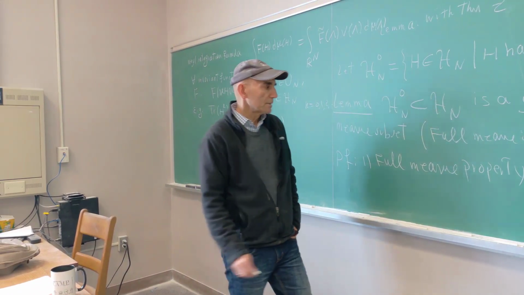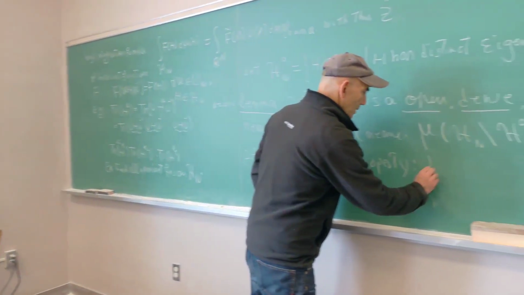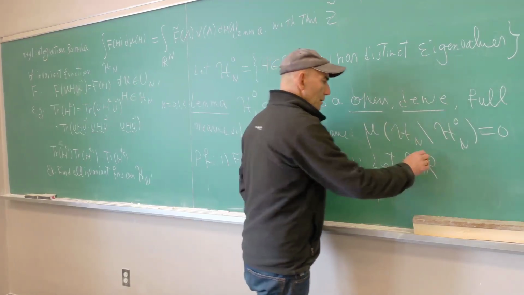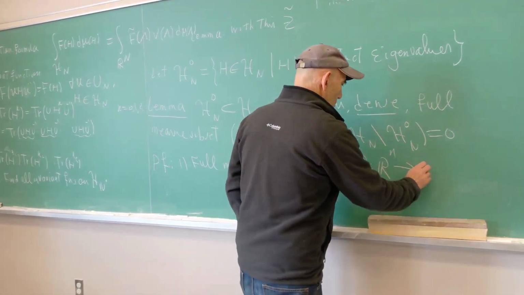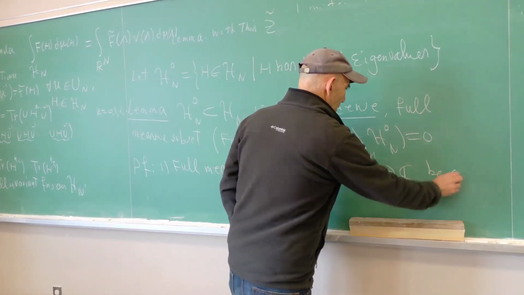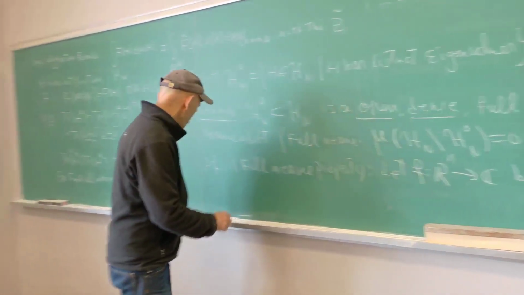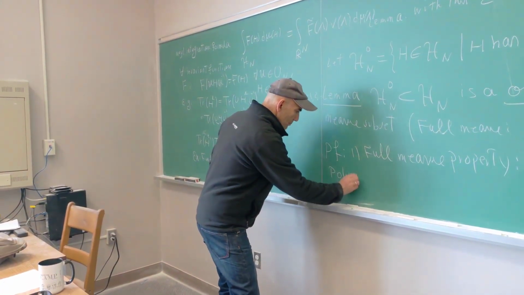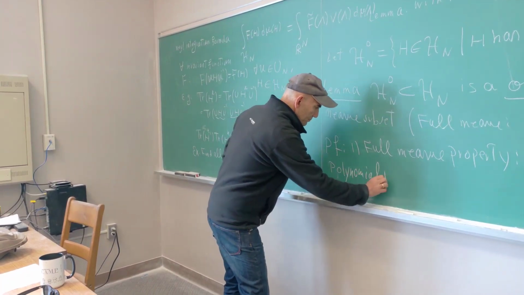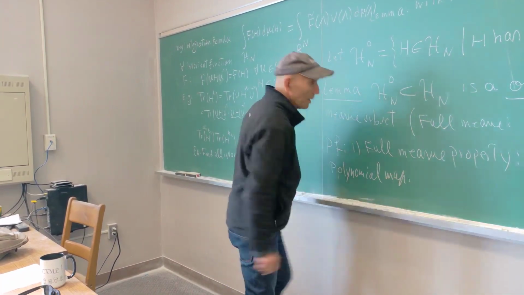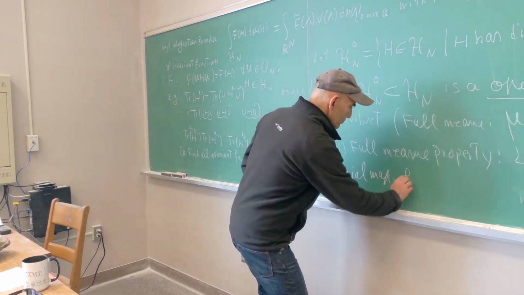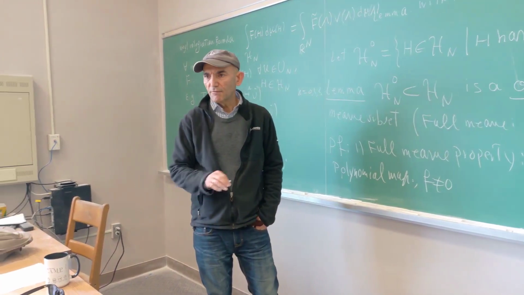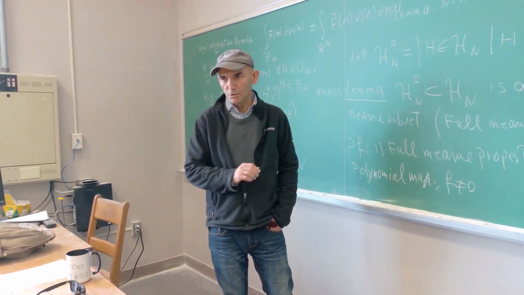The proposition is that let f from R^n to C be a polynomial map, non-zero, I mean not identically zero. Then the set of zeros of f has measure 0.